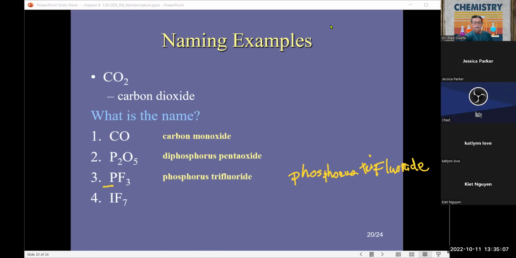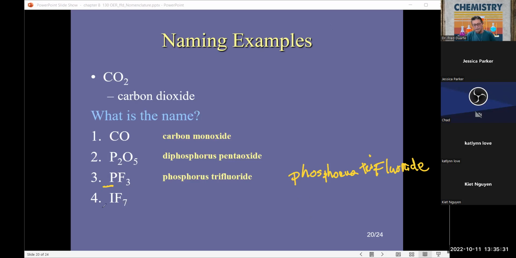Now, notice here, there are examples where some of the halogens can be the central atom. Normally, we think of iodine as just being a negative charge and attached to the central atom. Some of the larger elements can be the central atom. So in this scenario, iodine is a central atom, okay?